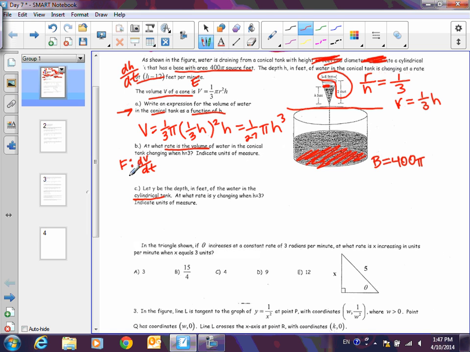All right, let's finish the diagram down here. So when h equals 3, and then if you want to write down the givens, you can. The given really is right here. Usually the given is a rate, almost always.